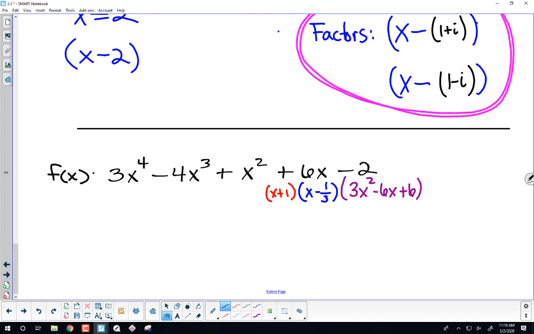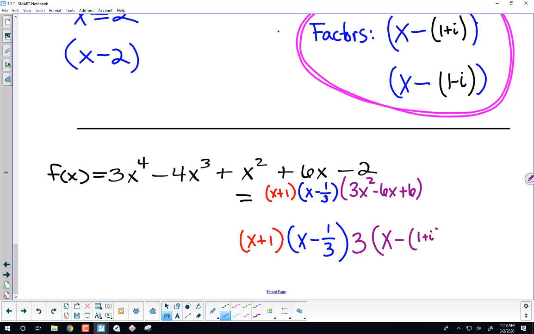Okay, so there was our original function. We had, after 2 rounds of synthetic division, broken it up into these factors, and now we know how to break up this quadratic. So we'll have our x plus 1 times our x minus 1/3. And then we had 3 times x minus 1 plus i times x minus 1 minus i.